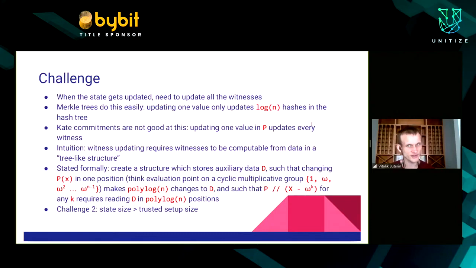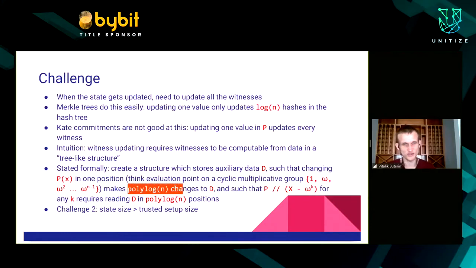So basically, the intuition is that it seems as though we want to find some mechanism for generating these witnesses where you want them to be computable from data stored in some tree-like structure, where if you modify the data in one position, then you only need to make log n changes.